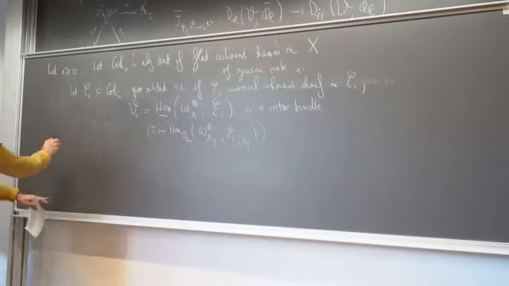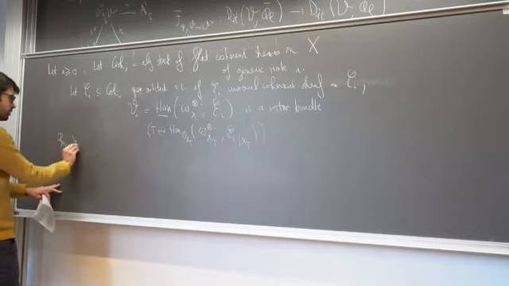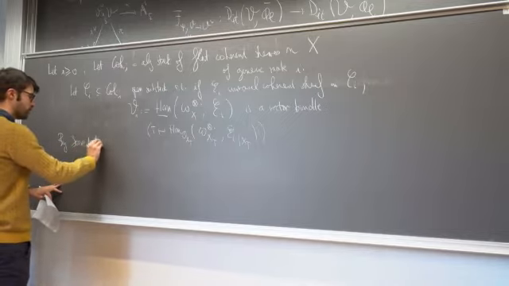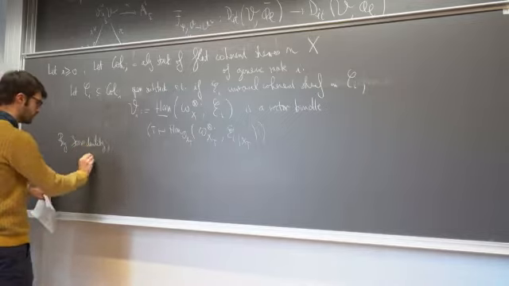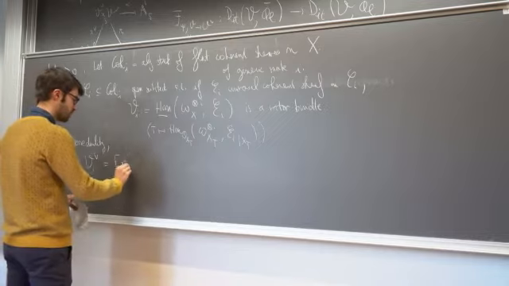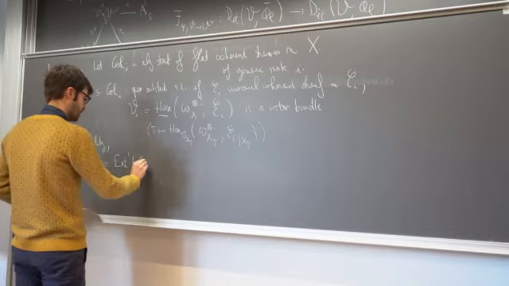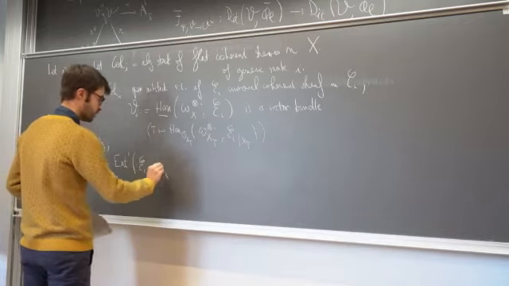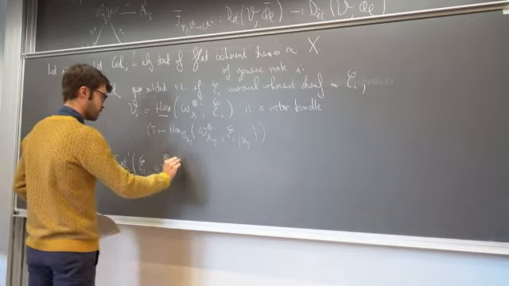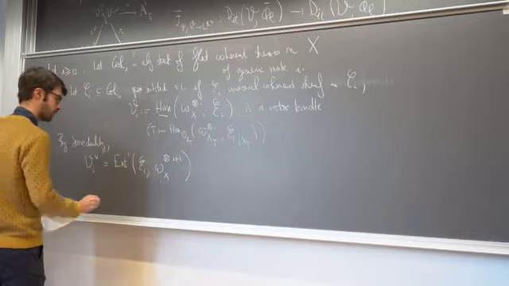Okay, and then using Serre duality, the dual vector bundle, V_I dual, is isomorphic to Ext^1 of E_I, omega_X to the I plus 1.